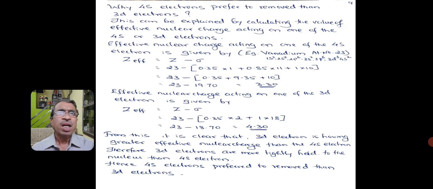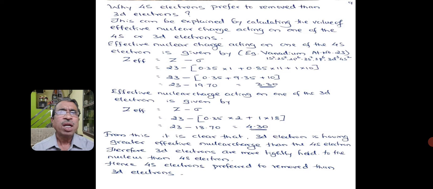Consider an example, the element vanadium. Its atomic number is 23 and its electronic configuration is 1s2, 2s2, 2p6, 3s2, 3p6, 3d3, 4s2.